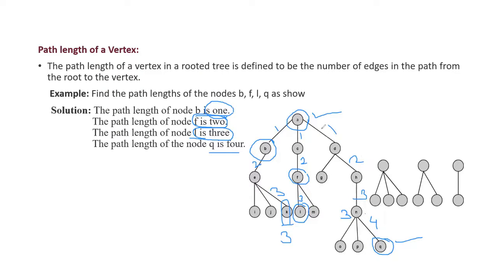For G, 1, 2. So the path length for G is 2. For M, 1, 2, 3. So the path length for M is 3. So this is the path length in a rooted tree, that is, the number of edges in the path from the root to that vertex.